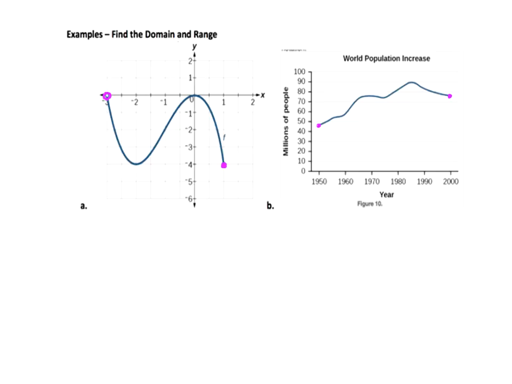So let's look at the first example, and I'll stick with the colors that I used on the last page. So for domain, we want to look at the left and rightness of this graph. What I usually do is give myself barriers. I just come in and give dotted lines that frame my function from left to right.